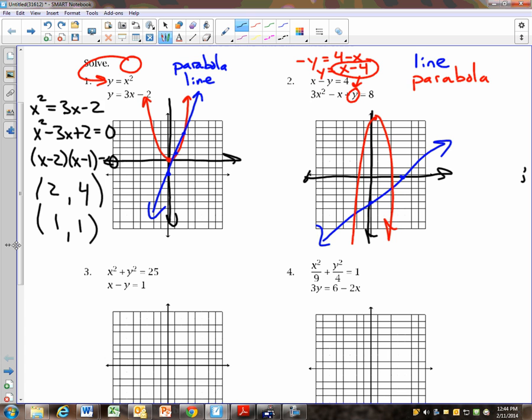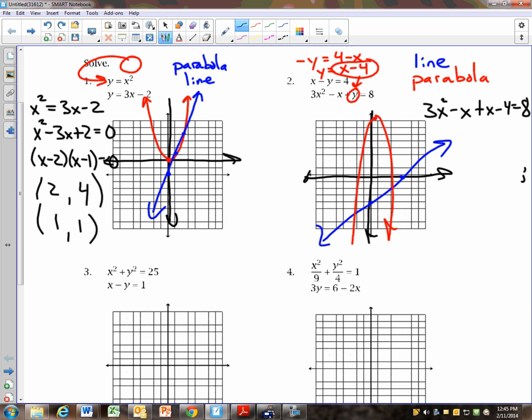Now we need to actually write the new equation. If I plug that in for y, what does my new equation read? Minus x plus x minus 4 is 8. So now I'm going about my algebra. What do you notice cancels?